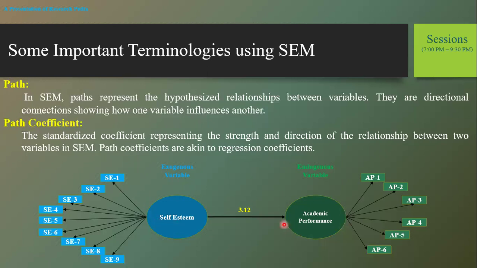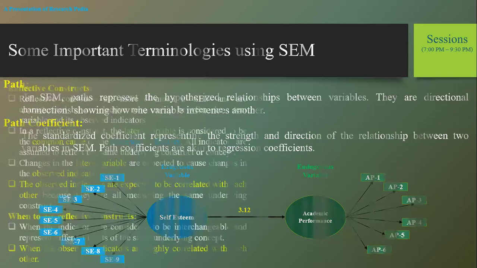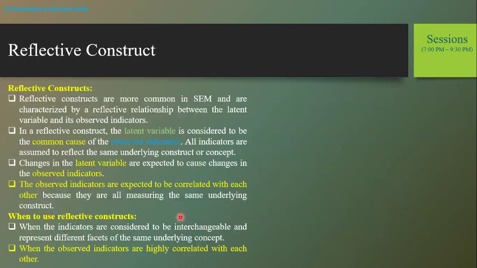In the same way, academic performance is basically a construct, but it is a dependent variable and self-esteem is an independent variable. So there are two types of constructs that we need to deal with in SEM analysis. The first one is the reflective construct, and the second one is the formative construct. So first you need to understand what we mean by a reflective construct.